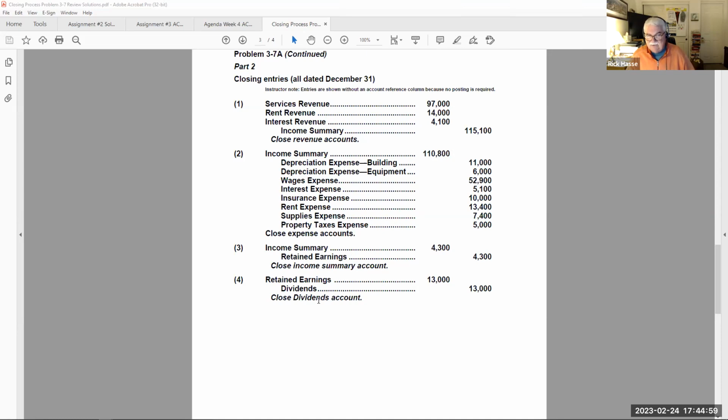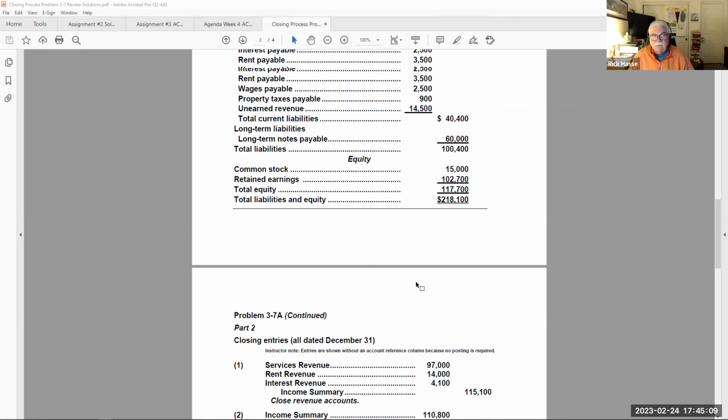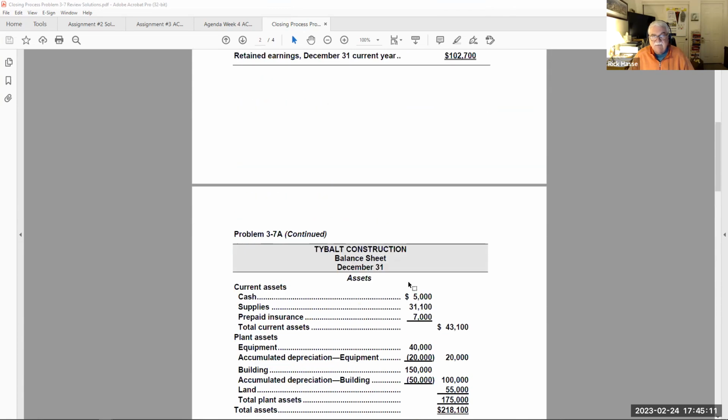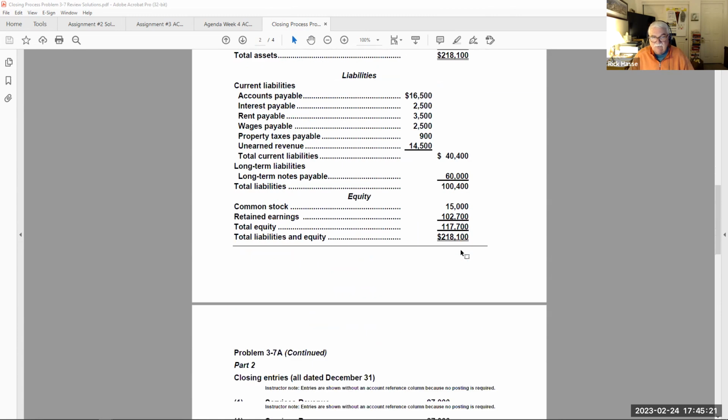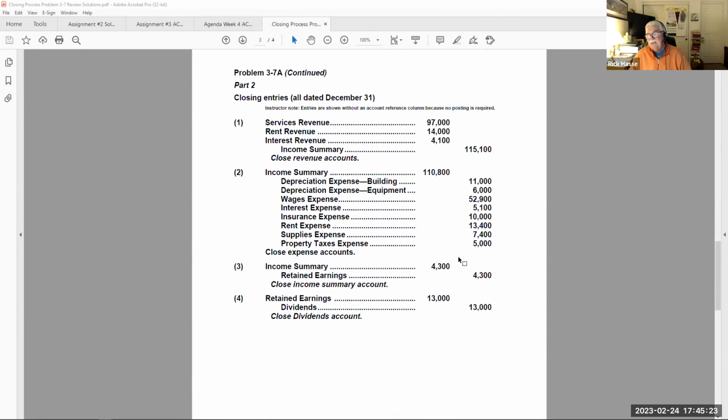And then the retained earnings are also used to close out the debit balance in the dividend account, 13,000, and then it goes into the retained earnings account. So notice when we go back to our statement of retained earnings, it has all that information. Net income is increasing retained earnings, dividends is decreasing the retained earnings, and these are the journal entries to provide that information to do that, get those balances.